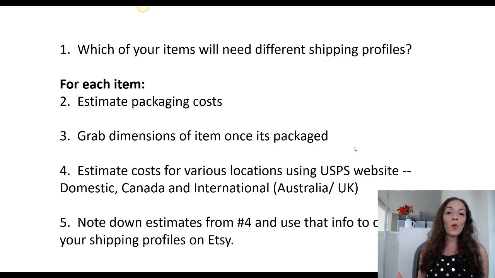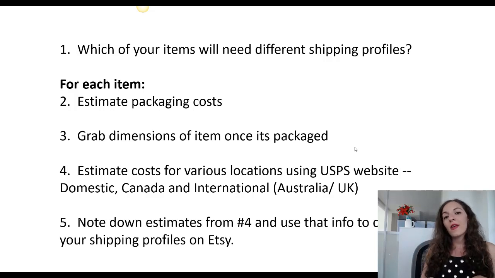So step number 1, you'll need to look at the items you sell in your store and ask yourself which of these items are going to be different in terms of shipping. That typically comes down to weight, if there's a big difference in weight and a big difference in size.